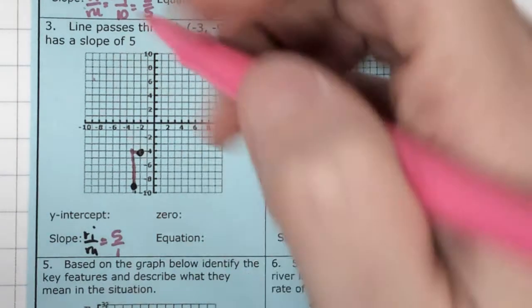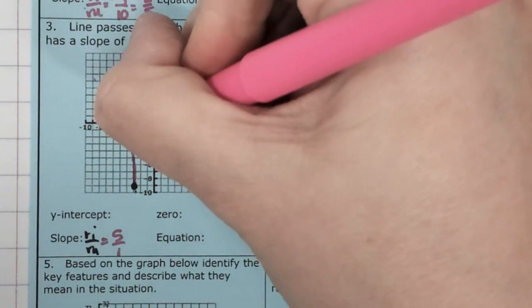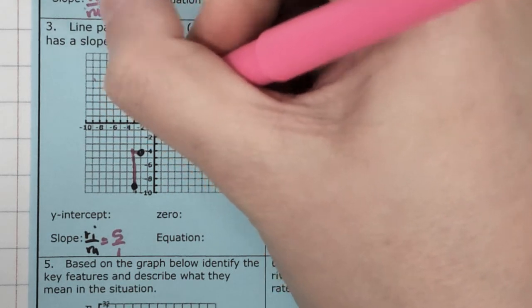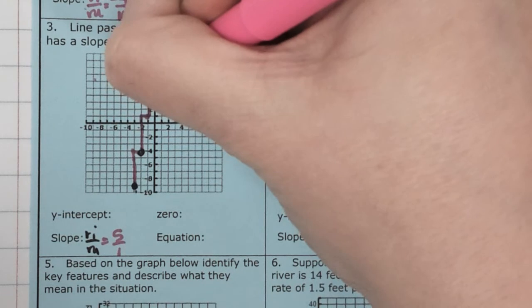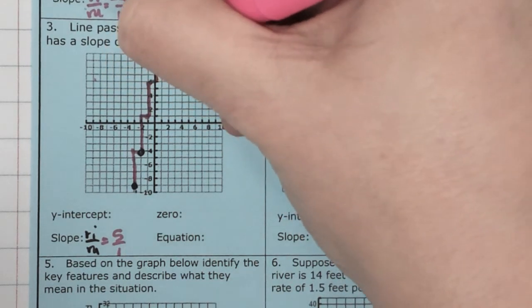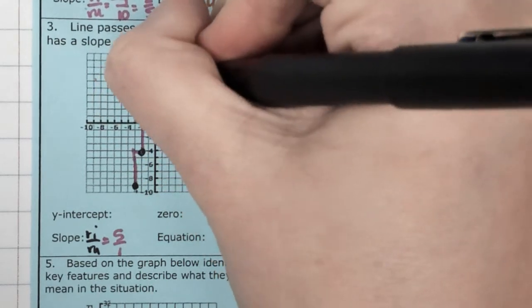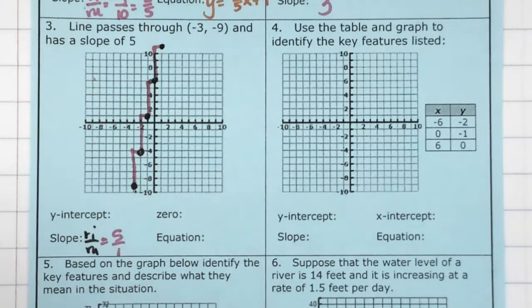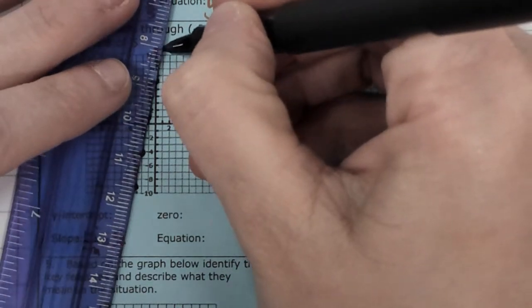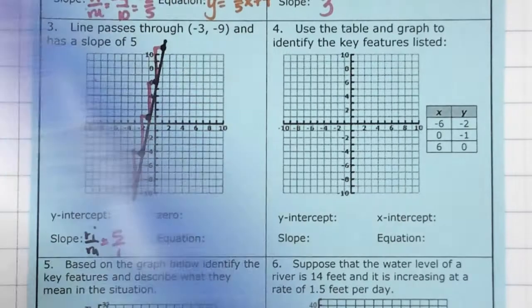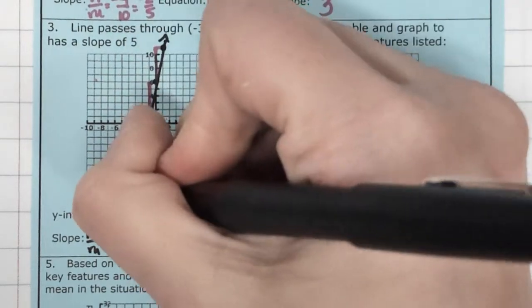And then I'll rise 5 more and run 1. I'm just going to keep on doing that. So I have a point here, a point here, and a point there. Let me connect those up. Okay, and there's my line.